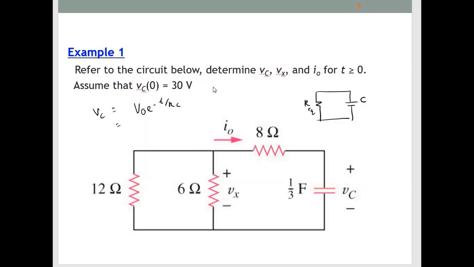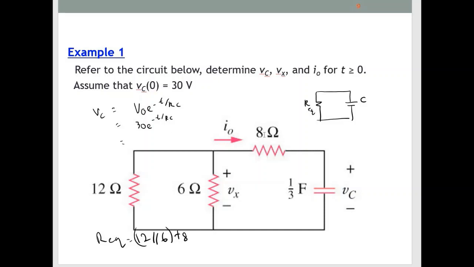So V0 is equal to 30 and e^(-t/RC). R here is the R equivalent, 12 parallel with 6 plus 8 ohm, and C here multiplied with 1/3, we'll get the final value, which we'll describe in the next slide.